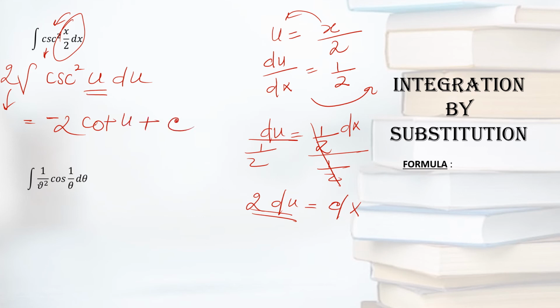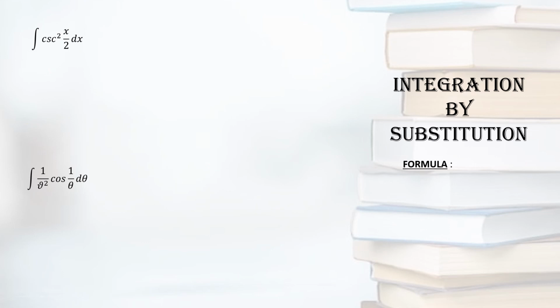In the end we will write the plus c. Now negative 2 cot, change the u into x form, that will be x over 2 plus c. So hope you can understand all these questions. The basic thing is that you should know what the derivatives of the inner functions are.